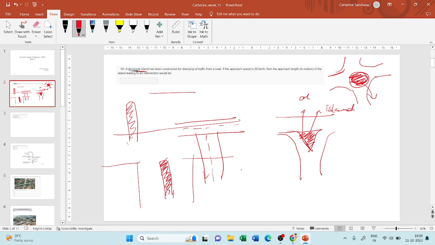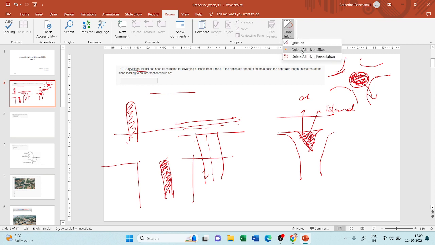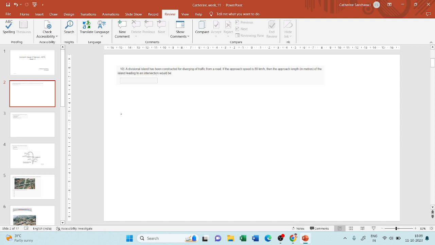Now the question is, what should be the approach length of this divisional island?